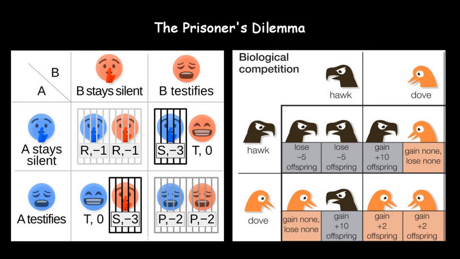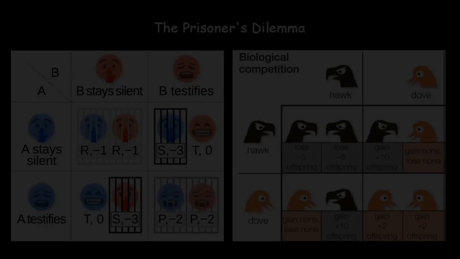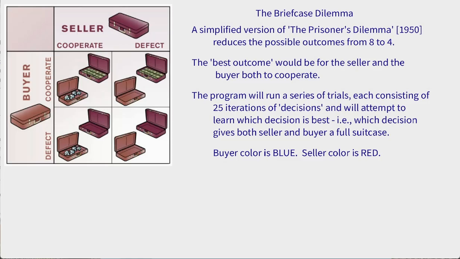Okay, let's get off of this and get on to the program. This is a very, very simplified version of the prisoner's dilemma. Basically, it's a learning algorithm, and it tries to learn what is the best strategy. So if the buyer and the seller both cooperate, they will both end up with full briefcases.